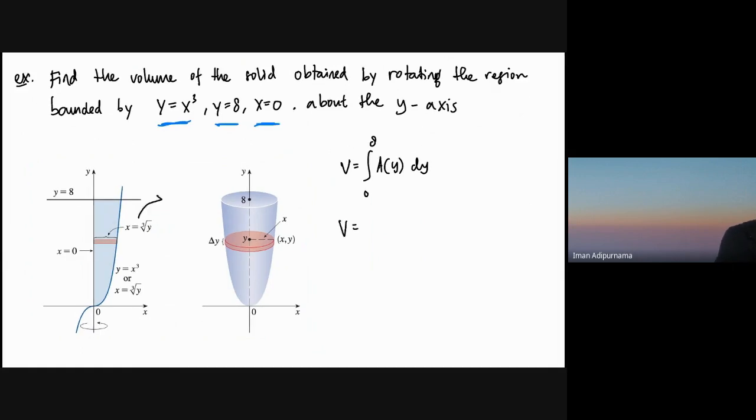The radius is this, so pi r squared: pi times y to the 2 over 3 dy.